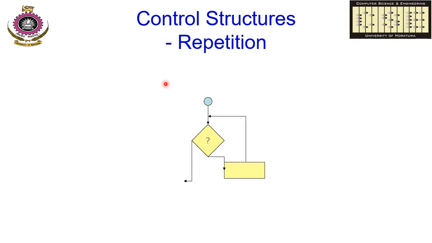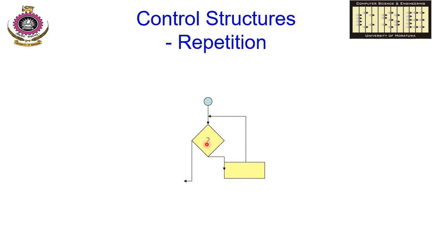So we look at the loop control structure in a little bit more detail, and show how it enables us to achieve repetition. Here in this diagram we have a starting point of the program, and it moves on to check a condition, and when the condition is fulfilled, it goes on to this block of code which is executed, and the program will move on once again to check the condition.